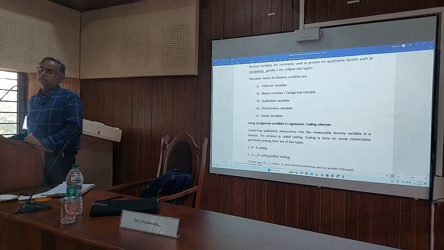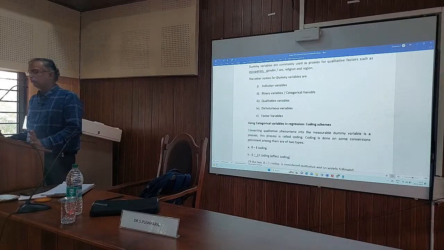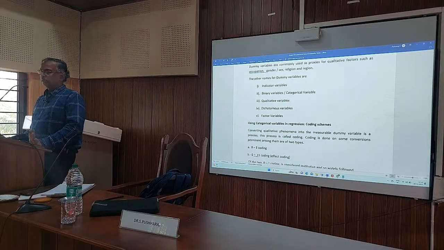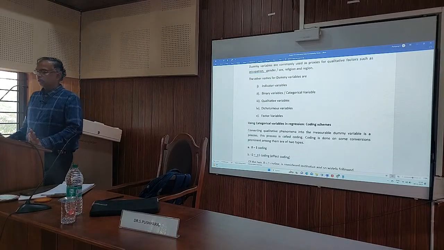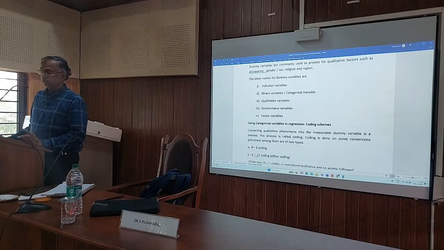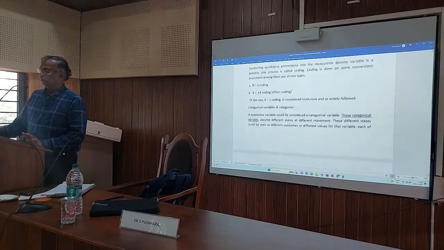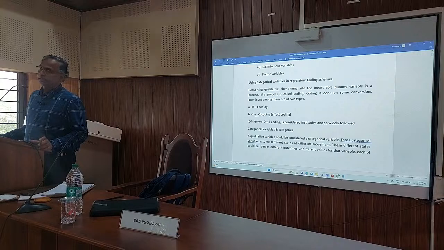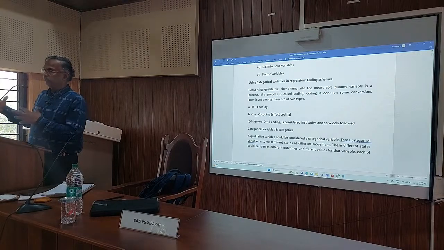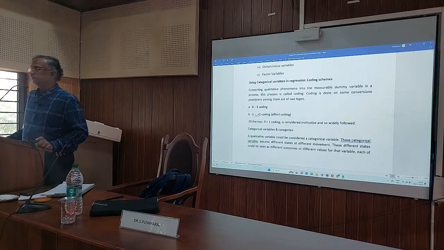Qualitative variable models are otherwise known as dummy variable models. They can be called indicator variable models, binary variable models, qualitative models, dichotomous models, and factor variable models. There are two codings in converting the variables.